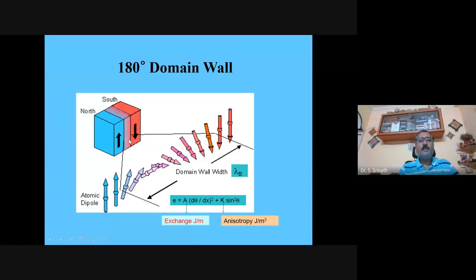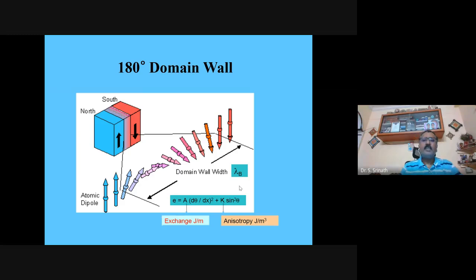And in between, what I am showing here is not a single line. This is actually a domain wall. It has a specific orientation. That means from this orientation to this orientation, this 180 degrees is actually spread over a number of spins. It's not that suddenly you have a switch.